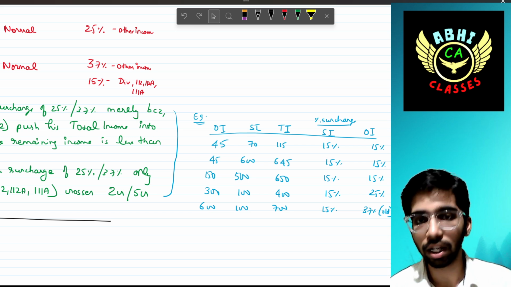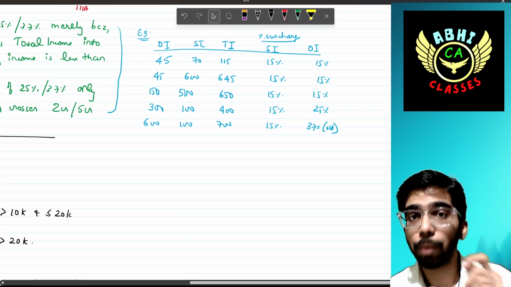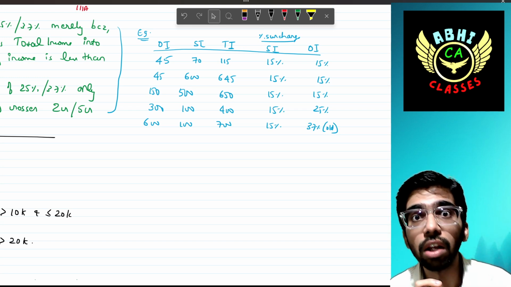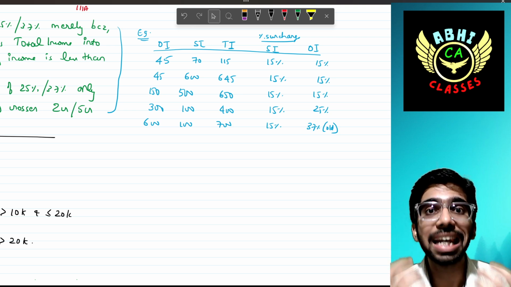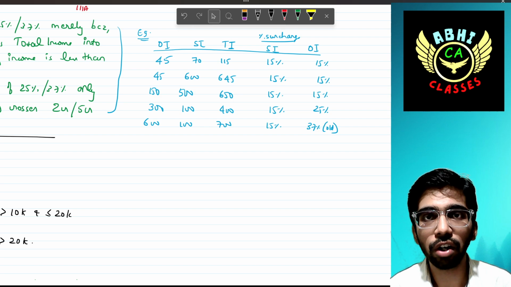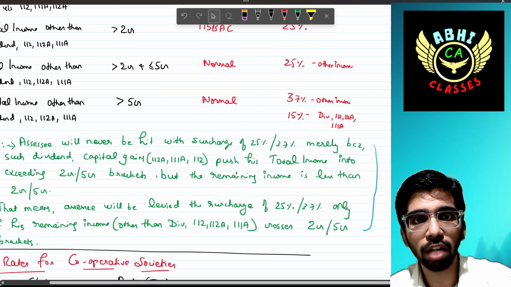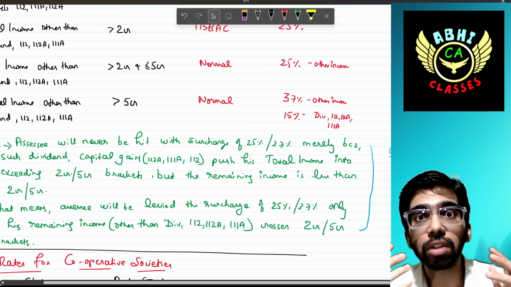Next example: if your other income is 45 lakh, and special income, that is dividend, 112, 112A, 111A, is 600 lakh, total income comes around 645 lakhs, a very huge amount. If you opt for the old tax regime, as per the last category, the surcharge would be 37%.